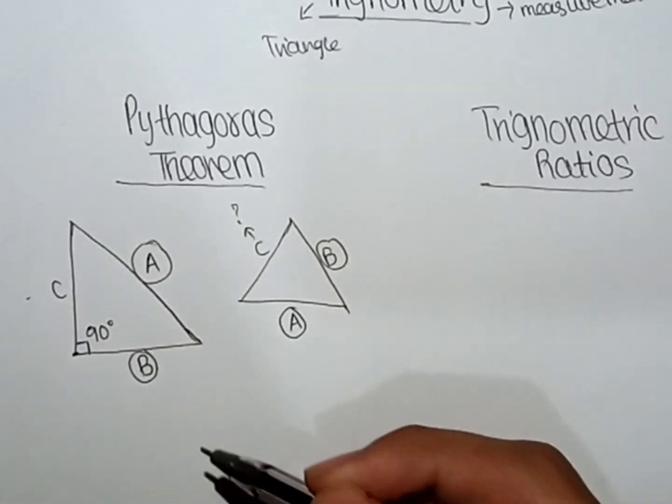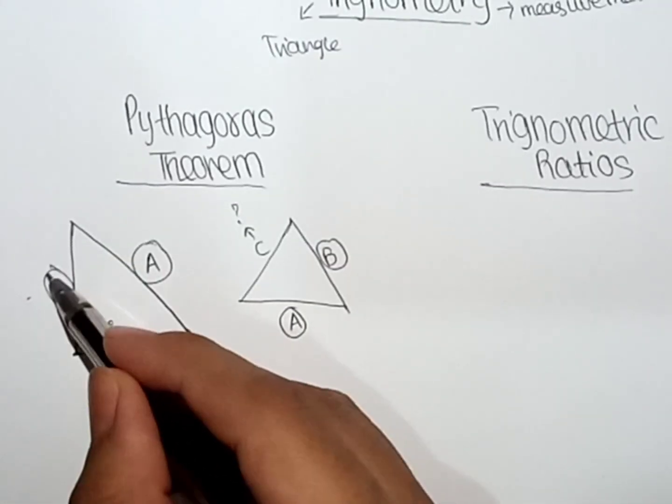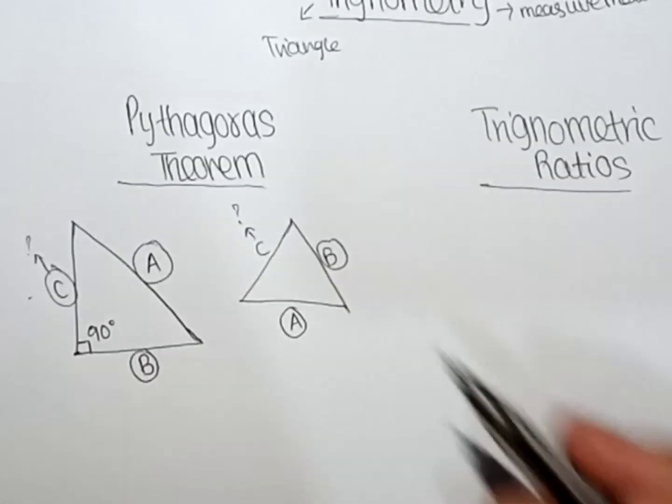For example, they have given you sides A and B and they have asked you to find the side C.